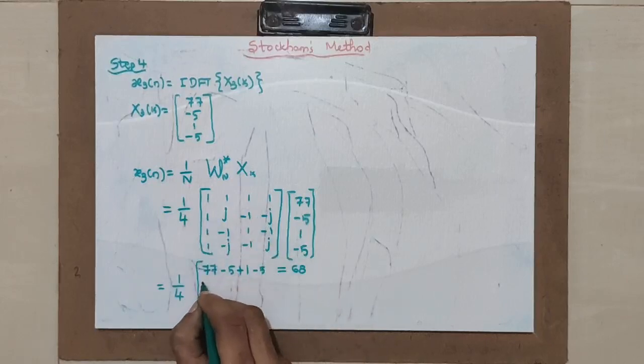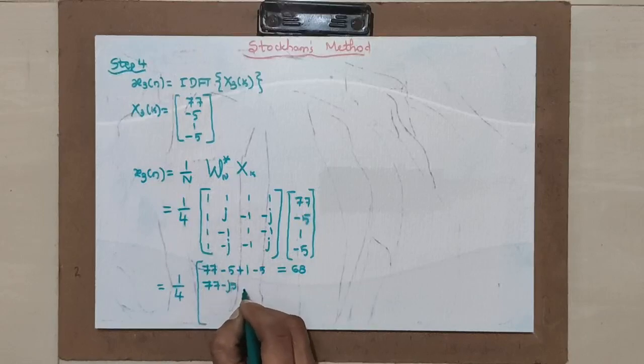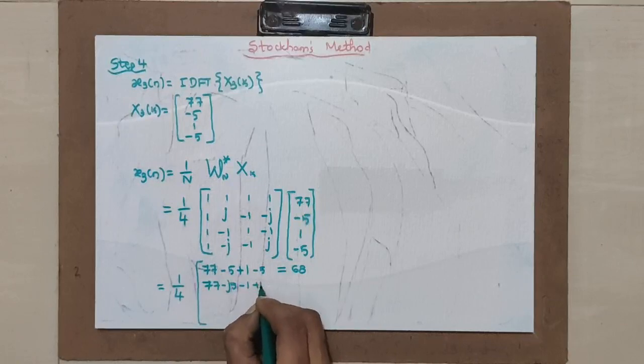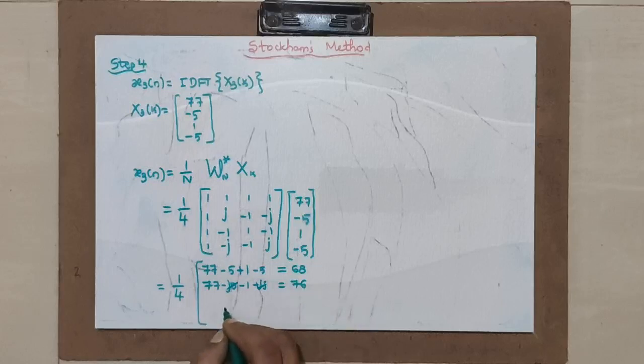Similarly, 77 minus j5 minus 1 plus j5, correct? Minus j5 plus j5 goes, 77 minus 1, 76.